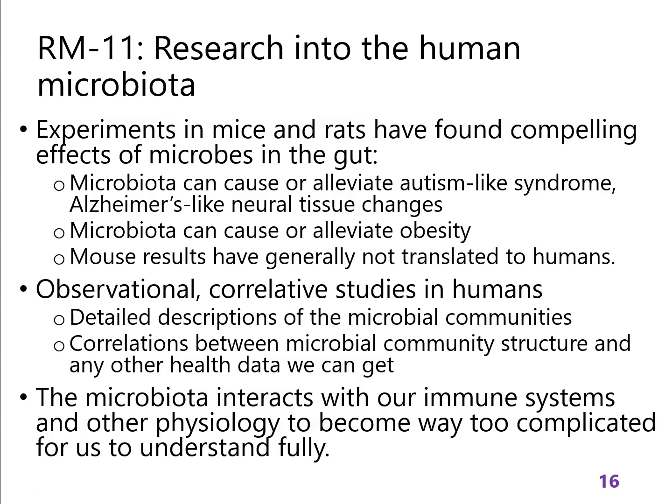When I went to graduate school, I thought I was part of a new revolution that would break this apart and understand it fully. And what we now know is that is not happening because it's just too complicated. And so instead, we're looking for things like fecal microbiota transplants, or doing experiments on individual probiotic strains and things like that to see what we can eat that will improve our health.